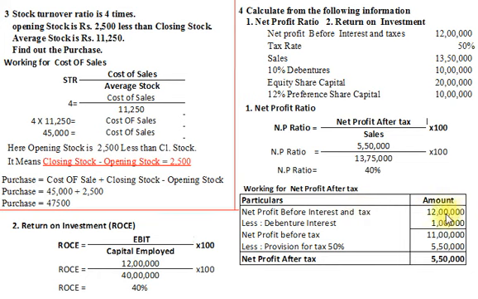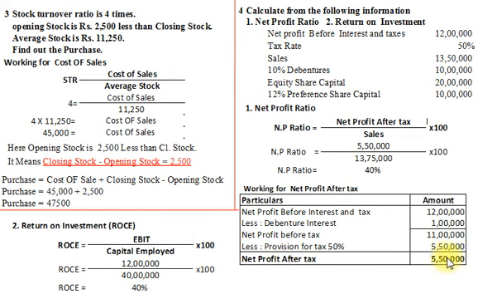From these 12 lakh we will deduct debenture interest, that is 10% of rupees 10 lakh amounts to rupees 1 lakh. So finally we get net profit before tax 11 lakh. From this net profit before tax we will deduct provision for tax at 50%, that is 50% of 11 lakh amounts to 5,50,000, and finally we get net profit after tax rupees 5,50,000.